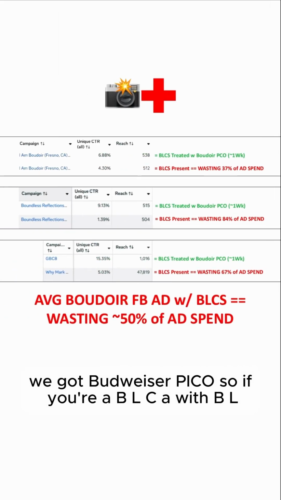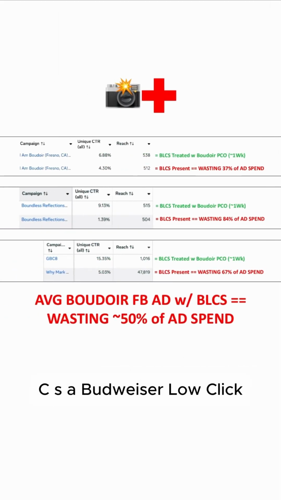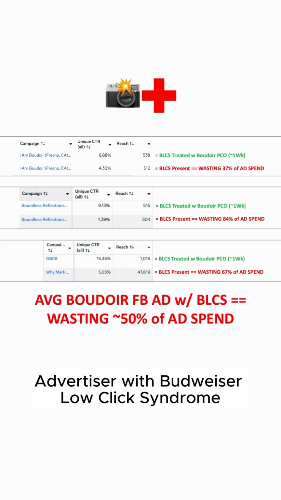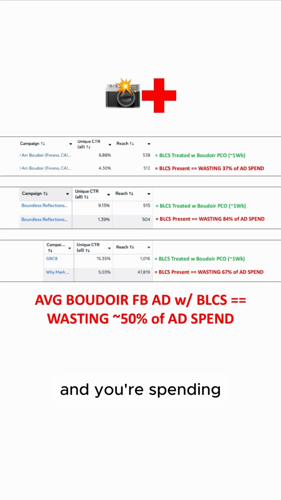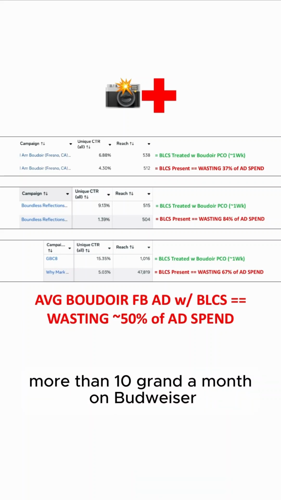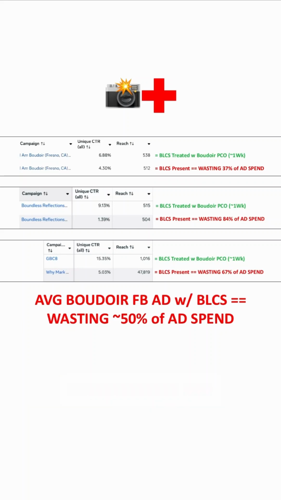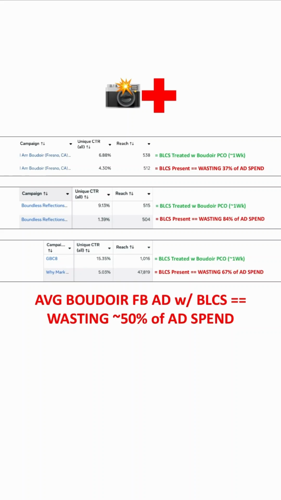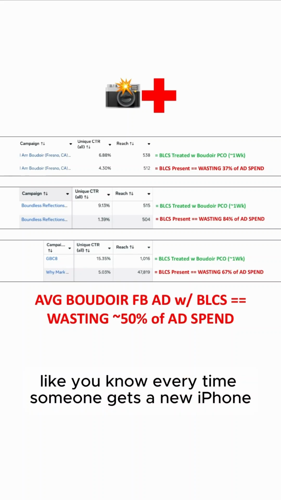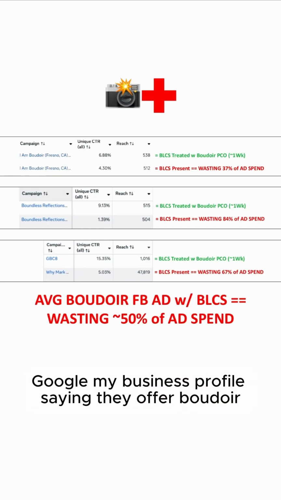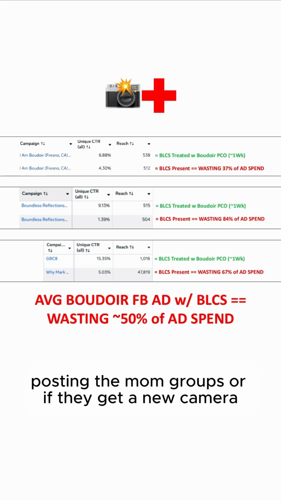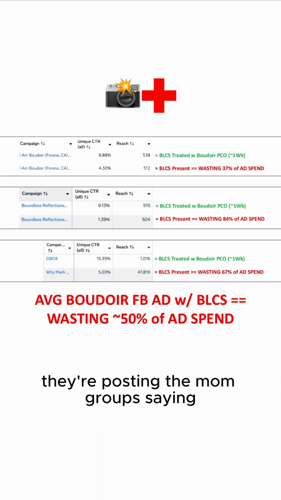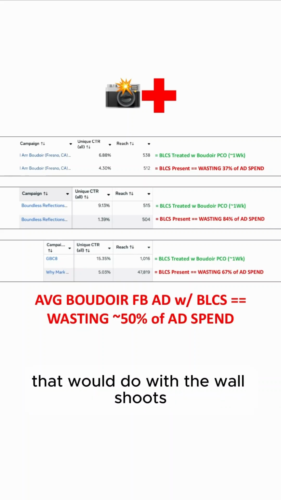So if you're a BLCA with BLCS, a Boudoir low click advertiser with Boudoir low click syndrome, and you're spending more than 10 grand a month on Boudoir Facebook ads, and you've seen how the market keeps getting more and more saturated with Boudoir photographers. Like, every time someone gets a new iPhone, they're throwing up a Google My Business profile saying they offer Boudoir, or they're posting in the mom groups, or if they get a new camera, they're posting in the mom groups saying they now do boudoir shoots.